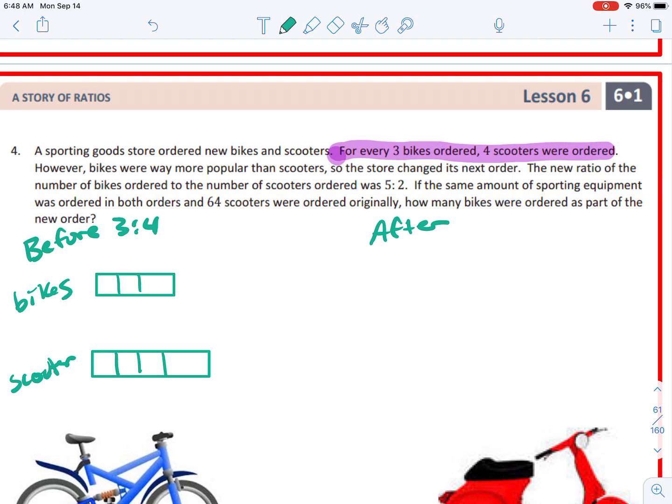And then after, the new ratio became 5 to 2, and same thing, bikes to scooters.